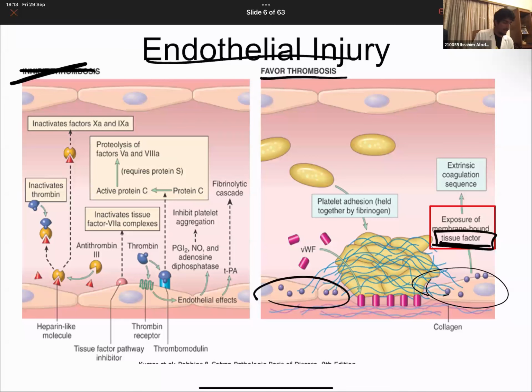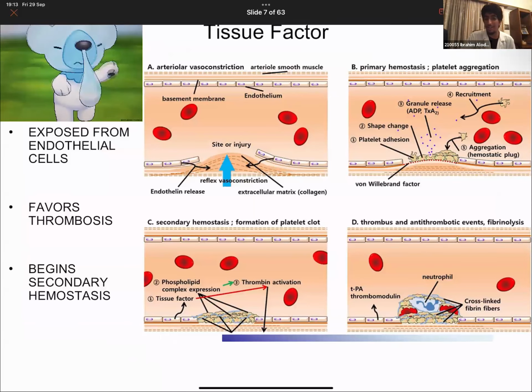Okay, awesome. So let's talk a little bit about tissue factor. Basically, this is exactly what I just said to you guys in bullet note form. Tissue factor is exposed from endothelial cells. It favors thrombosis and it begins secondary hemostasis.